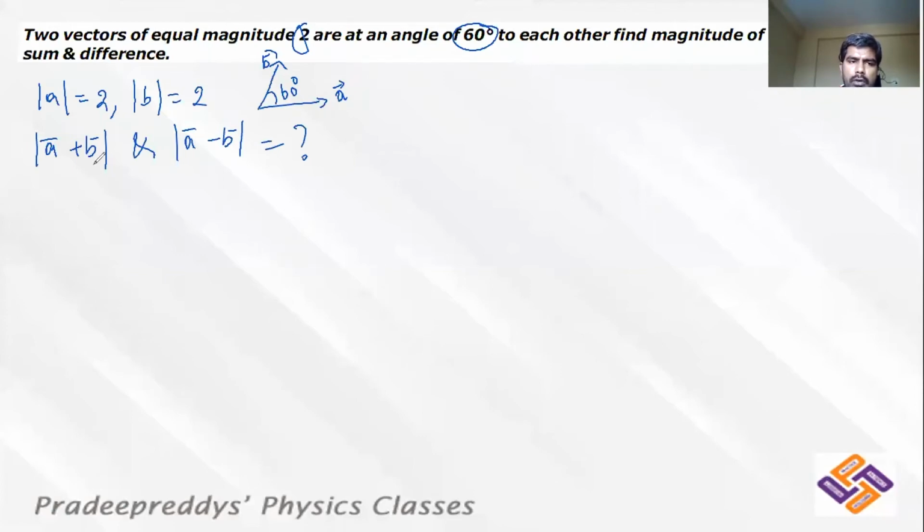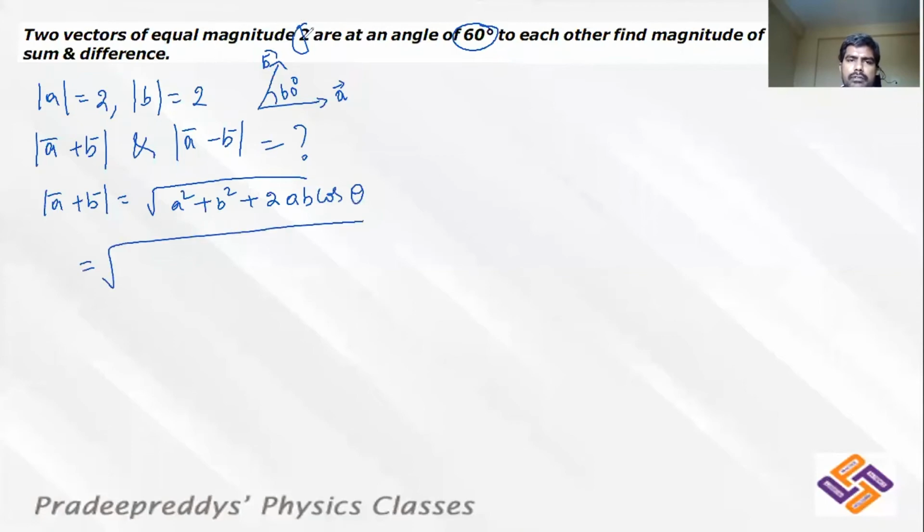Now coming to the parallelogram law of vectors, you can write the magnitude of A bar plus B bar is equal to under root A magnitude whole square plus B magnitude whole square plus 2AB into cos of the angle between them. So A plus B magnitude can be written as under root, A and B values are 2.